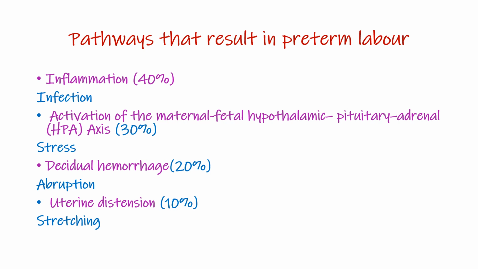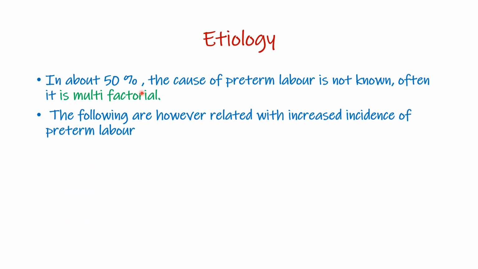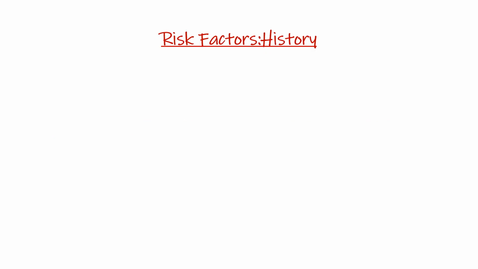This is stretching where you have polyhydramnios, or multiple gestation, a big baby, among other factors. So about 50% of the time the cause of preterm labor is known, but it's often multifactorial. The following are, however, related to the increased incidence of preterm labor, which we are going to talk about in the next slides. Risk factors, these are very important in terms of history taking.